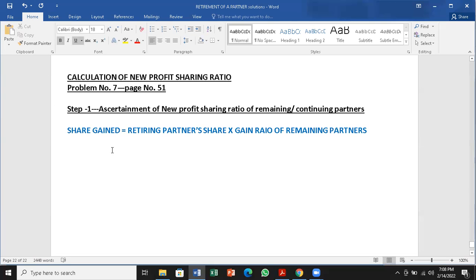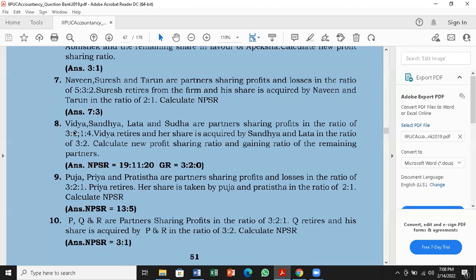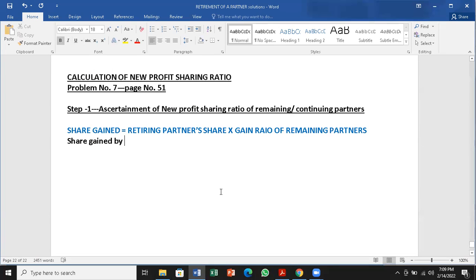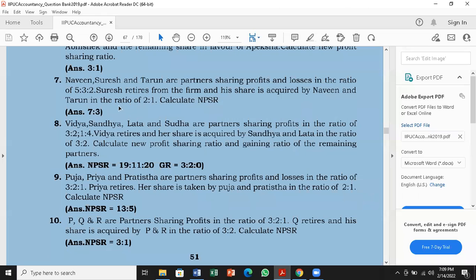So first I will take up share gained by, you will see who is the person. So Suresh is retiring, so Naveen will be the first person. Share gained by Naveen: retiring partner's share. So Suresh is retiring, Suresh's share is going to be the second one. There is 3 in the old ratio, you have to check, remember.